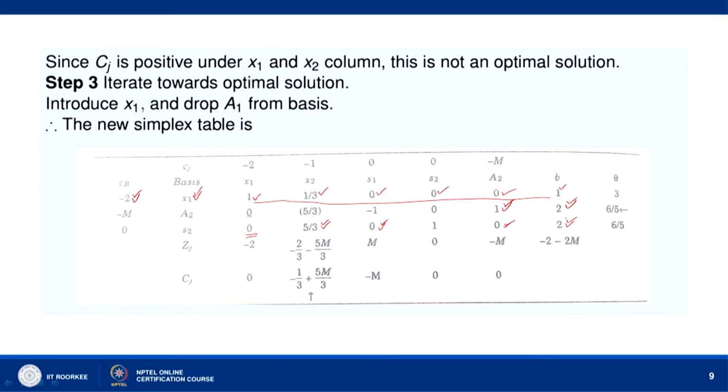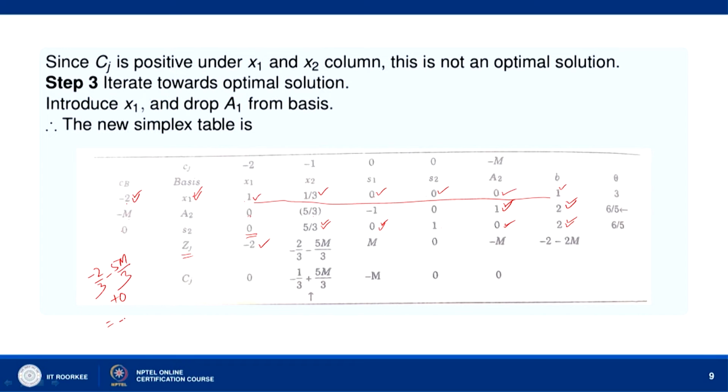Now let us find Zj equal to Cb into Xj. So, minus 2 into 1 is minus 2, minus M into 0 is 0, 0 into 0 is 0. So, total will be minus 2. Then minus 2 into 1 by 3 is minus 2 by 3, and then we have minus 5M by 3 and 0 into 5 by 3 is 0.